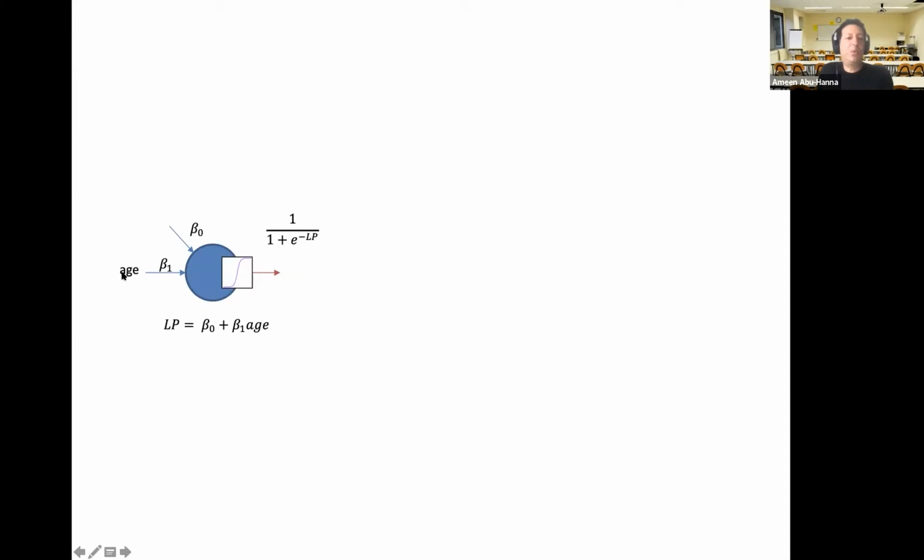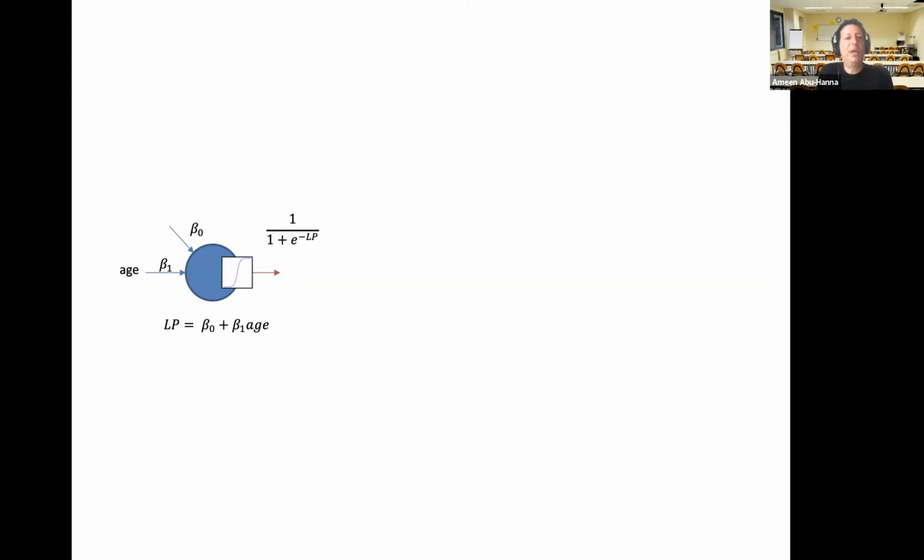We take it with just one variable, age, and I have two parameters of the model, beta 0 and beta 1. First I calculate the linear predictor, beta 0 plus beta 1 multiplied by age, and I plug it in this formula, and exactly like we saw before, I get a probability.